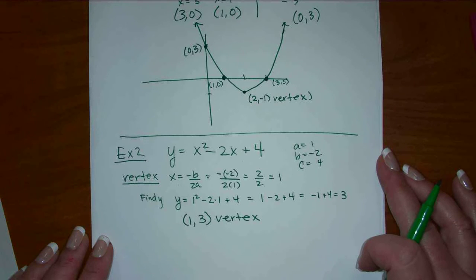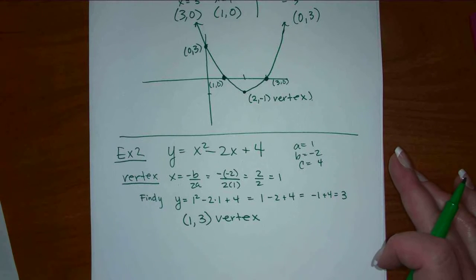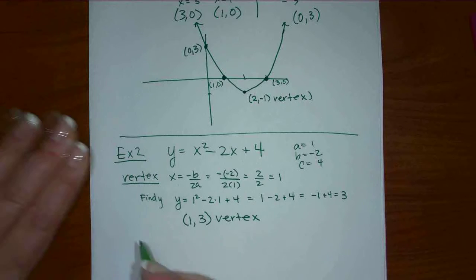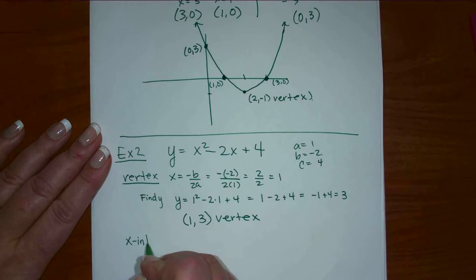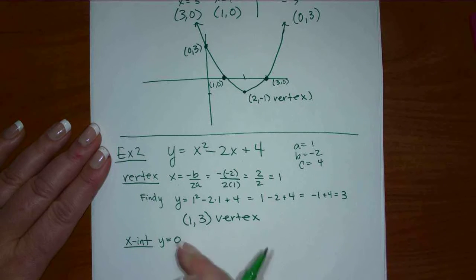Now what? x-intercept. We let y equal 0. So our point will be (x, 0). So 0 equals x squared minus 2x plus 4.